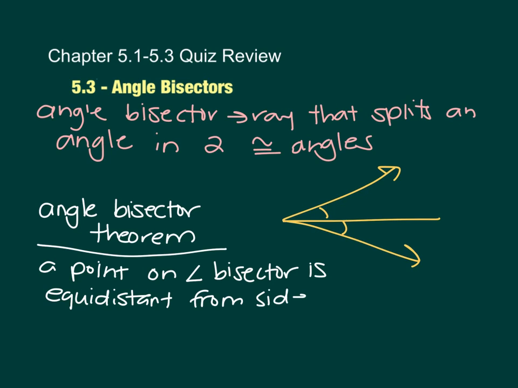What was special about this one? Could I say that these two are equal? No. What did I have to have? Emily? Good. I have to have a perpendicular segment connecting the two sides. Or connecting the angle bisector to the sides.